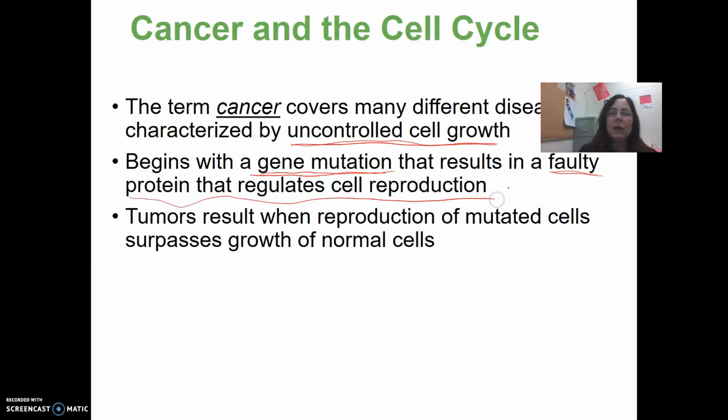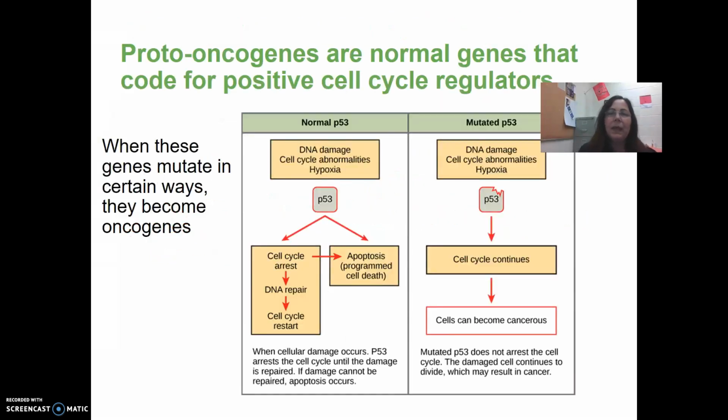So one of those positive or negative cell cycle regulators, when it is damaged because of a gene mutation, this can cause cancer. So tumors result when these mutated cells begin to grow at a rate that surpasses the growth rate of normal cells.